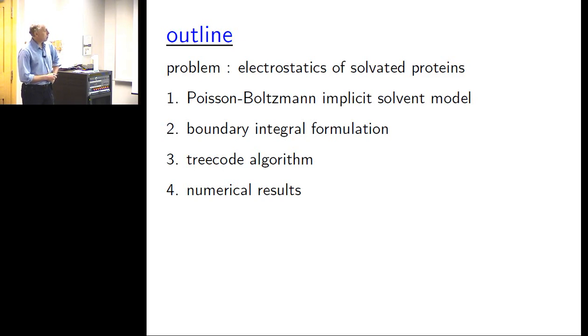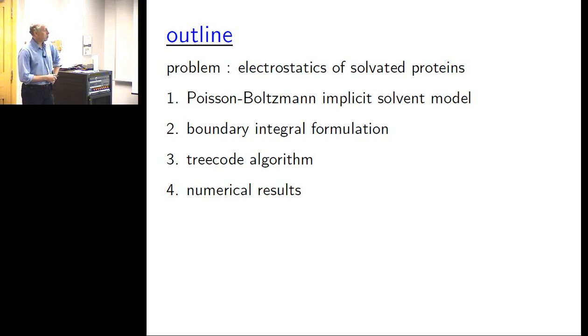We're going to use the Poisson-Boltzmann implicit solvent model. Now, there's a lot of debate about the proper solvent model, and I'm not entering into that. Our goal here is to provide a more accurate and efficient Poisson-Boltzmann solver. That's what we're going to do. And it's possible some of the techniques we use can be used in other contexts as well.